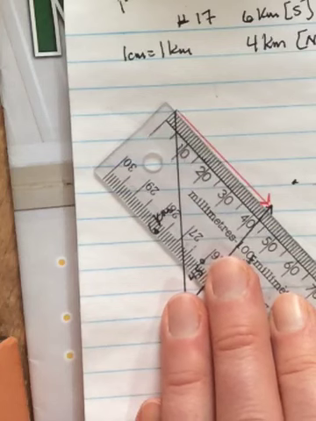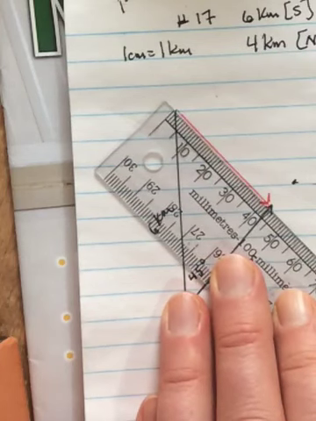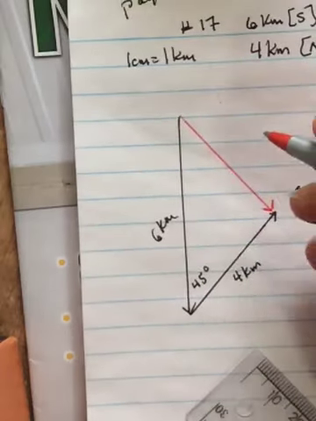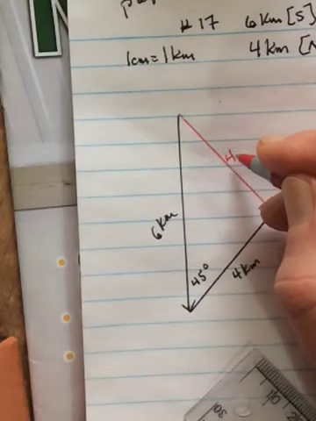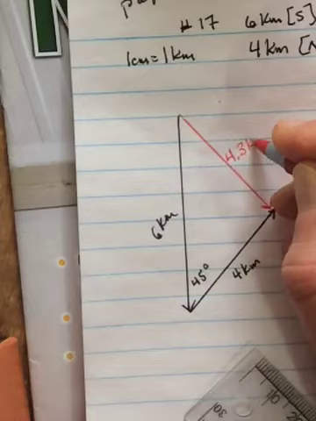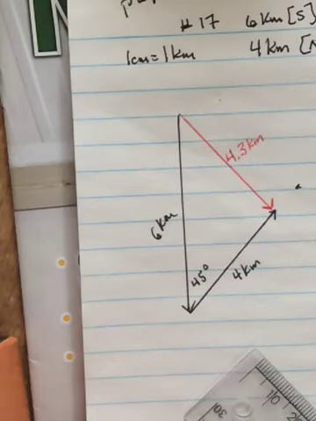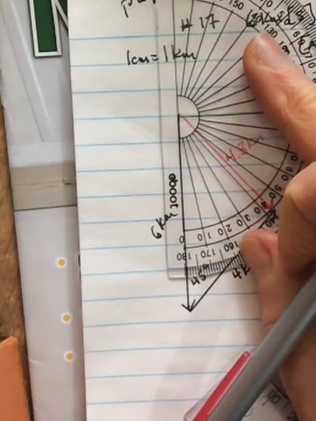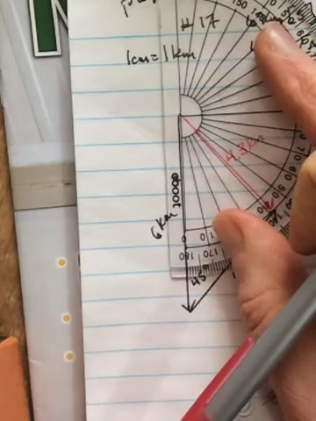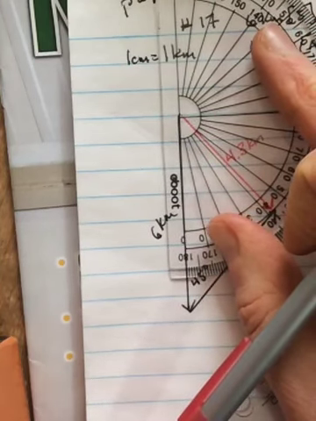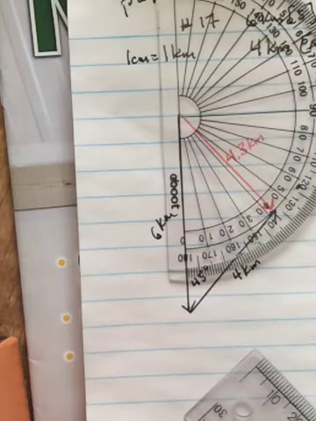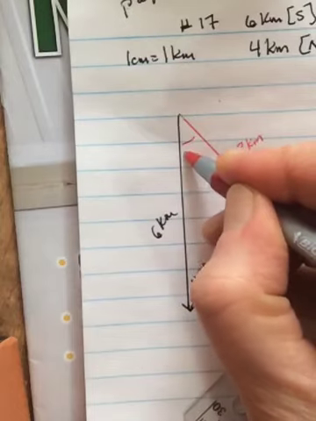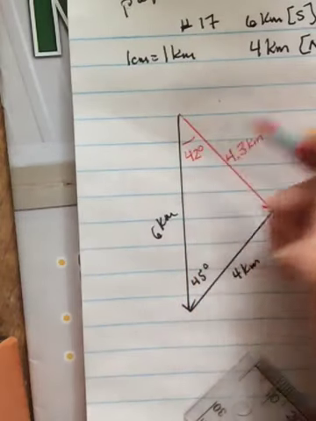I just think it's easier to see which one my resultant is if I switch for you. Now measure the length. I get about 4.3 kilometers. Measure the angle up here at the origin. And it's about 42 degrees, so it's not quite an isosceles triangle.